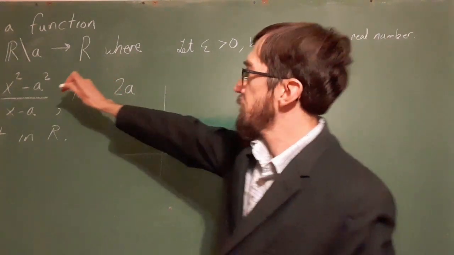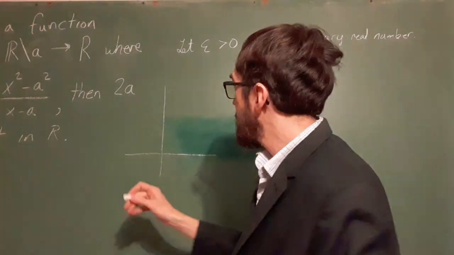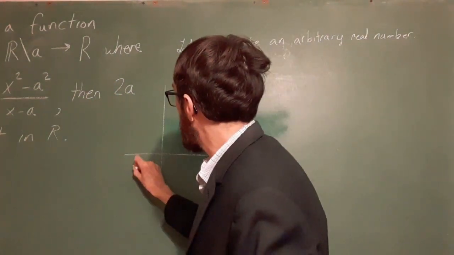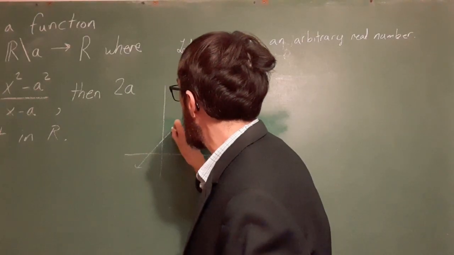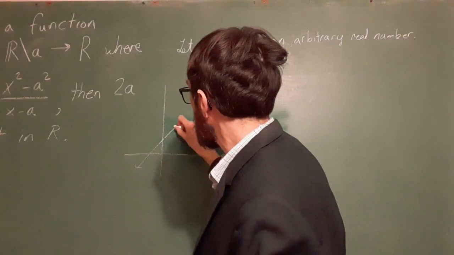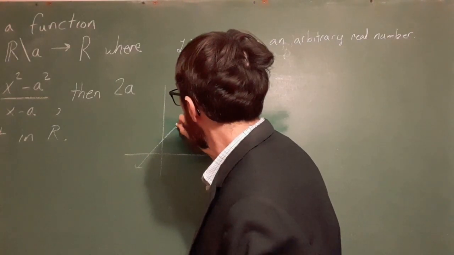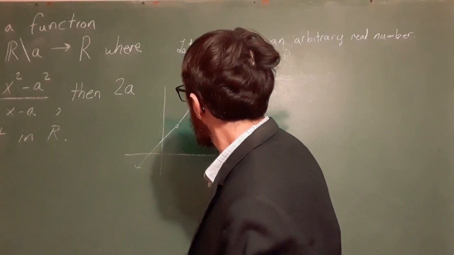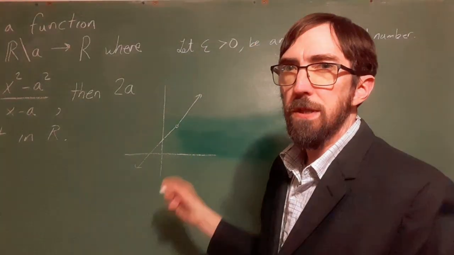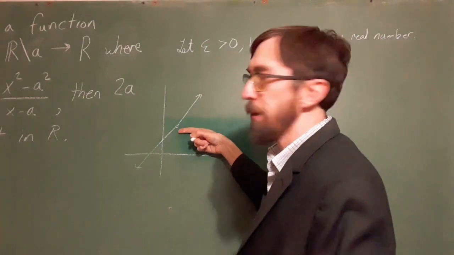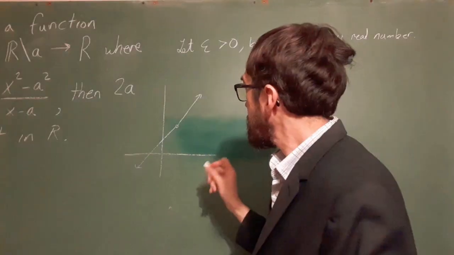So I want to graph this function. It's going to look very linear. It's essentially a line with a point discontinuity.